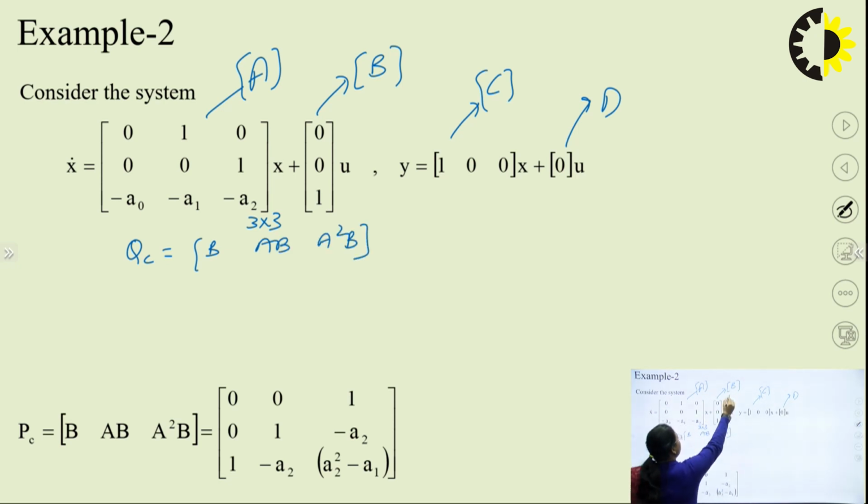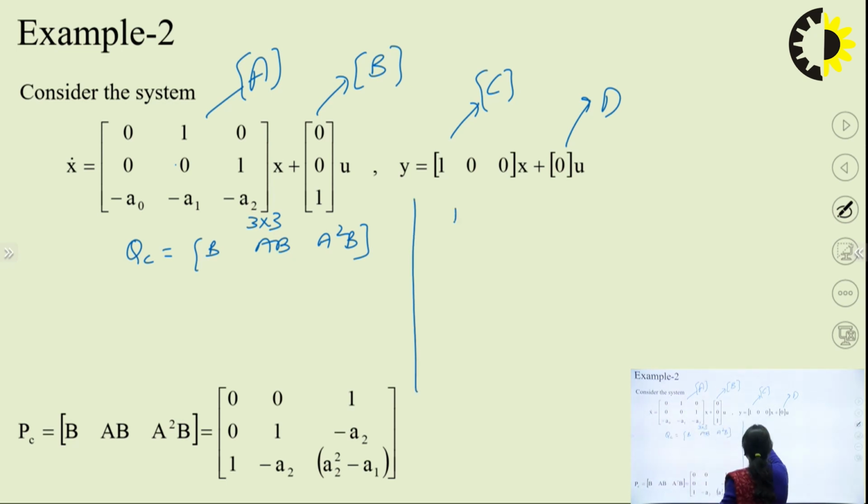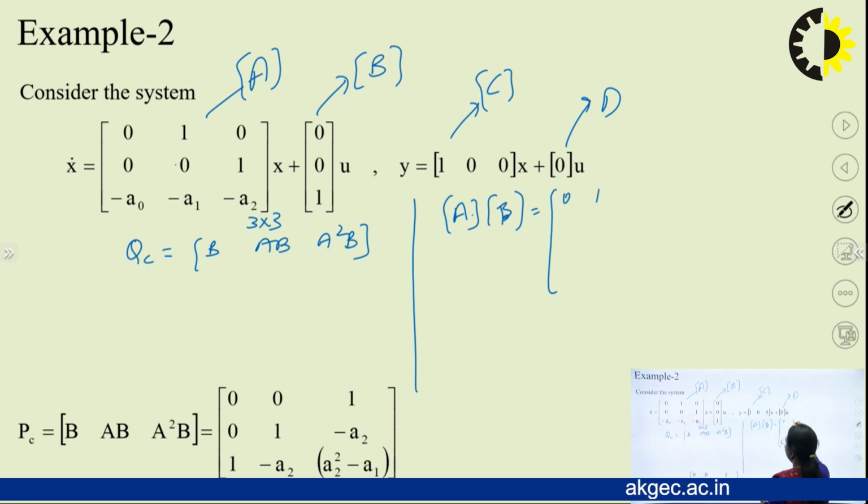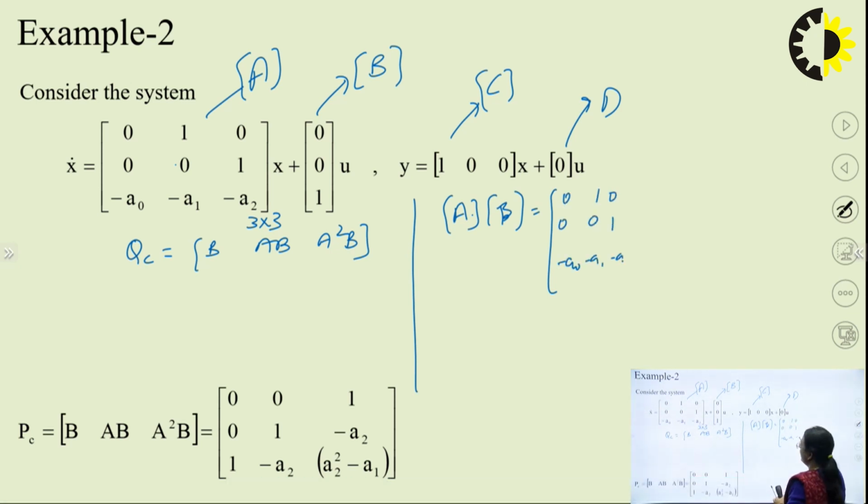We have the term B here, 0 0 1, I can directly write. Now AB will be equal to A multiplied with B, I am solving here. For A into B, this will be equal to 0 1 0, 0 0 1, minus A naught, minus A1, minus A2, into B, which is 0 0 1.